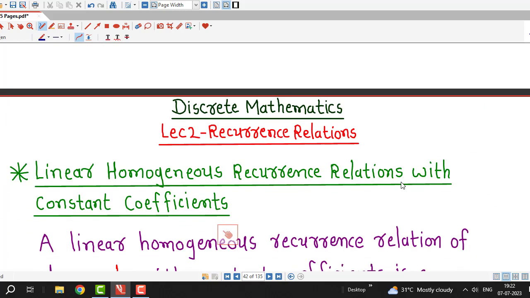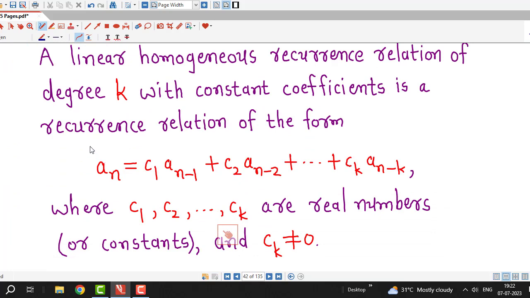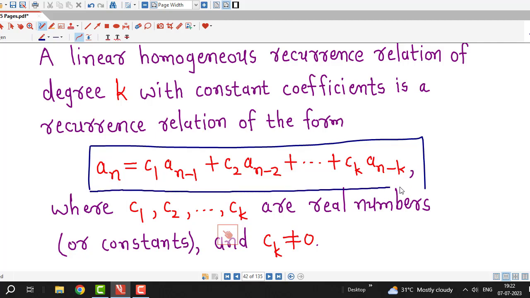So now we can write the standard form of a linear homogeneous recurrence relation with constant coefficients. It is in this form. If our recurrence relation can be written in this form, an equal to c1 into an minus 1, c2 into an minus 2, and so on, ck into an minus k, where c1, c2, ck are constants and ck is non-zero, then this is a linear homogeneous recurrence relation with constant coefficients of degree k.